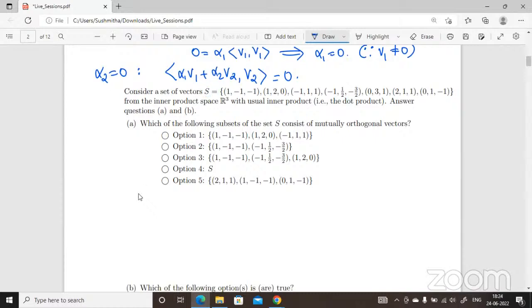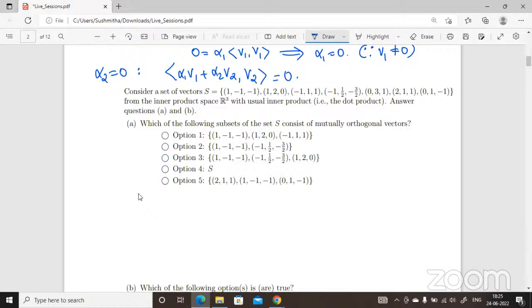No, because it has more than 3 vectors. If S was orthogonal, it would have been linearly independent. S is a subset of R3, so the maximum number of elements it can have is 3. But it has 7 elements. So obviously S is not orthogonal.